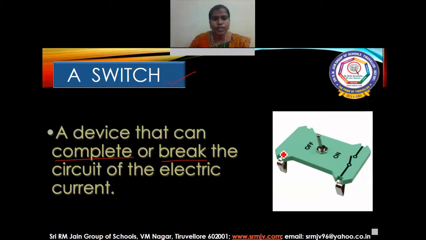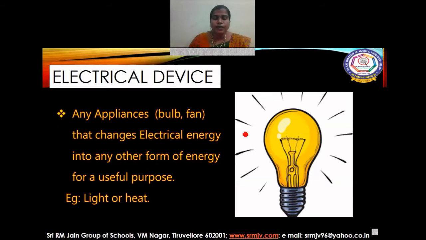Next we'll move on to the next component, the electrical device. This may be any appliance, for example a bulb, fan, refrigerator, TV, whatever, that changes electrical energy into another form of energy for a useful purpose.